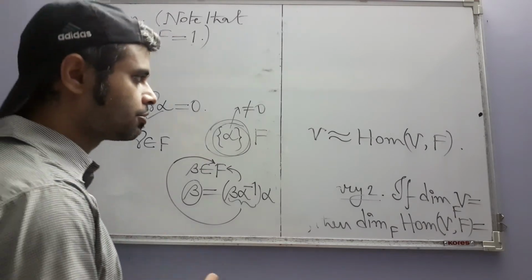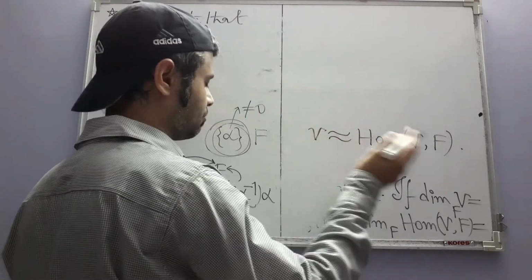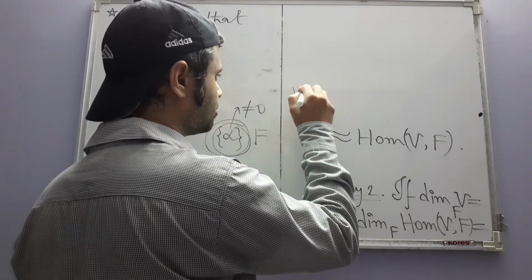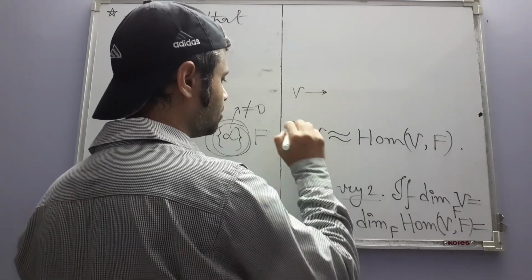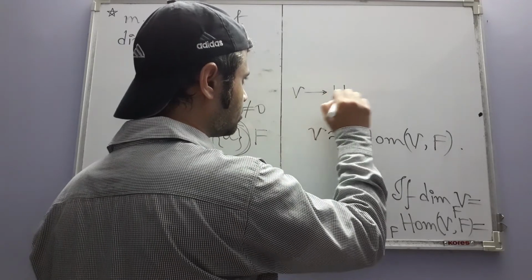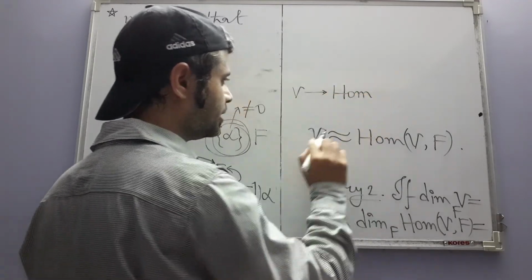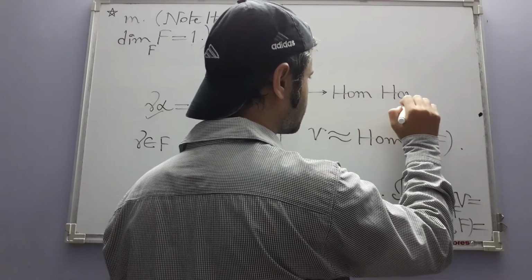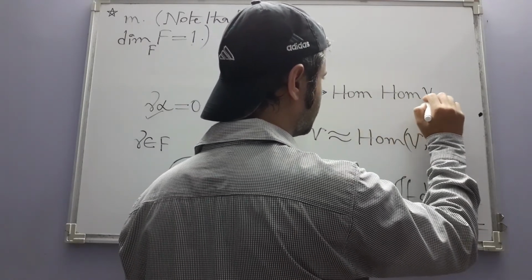However, we will show at one point that there in fact is an isomorphism from V into this somewhat more intimidating looking thing, which takes us one step further.